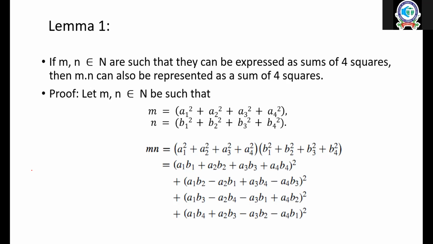So while you are counting how many ways there are, you are automatically showing that every number is written as a sum of 4 squares. Are you following? If the count comes out greater than or equal to 1, you are done, right?